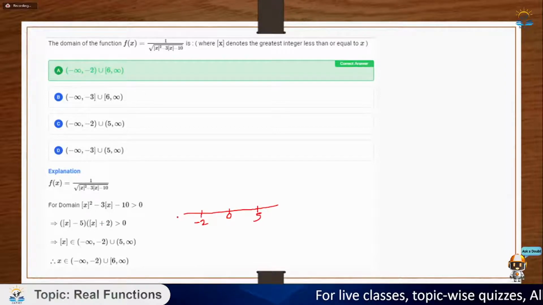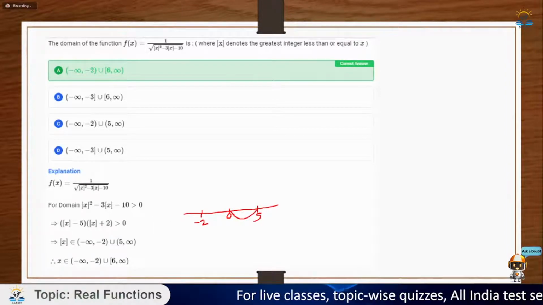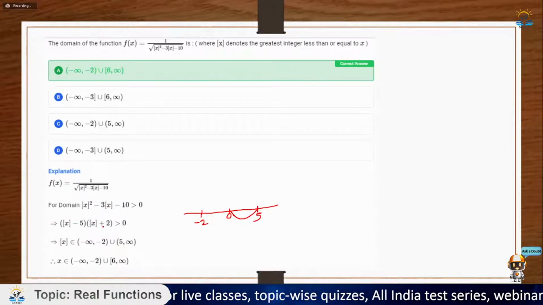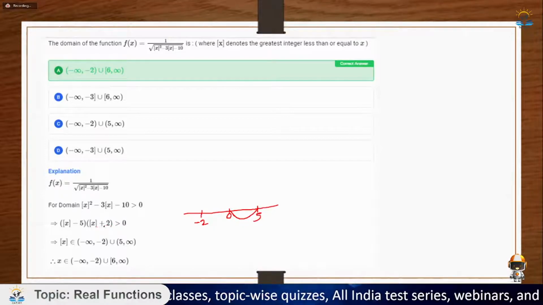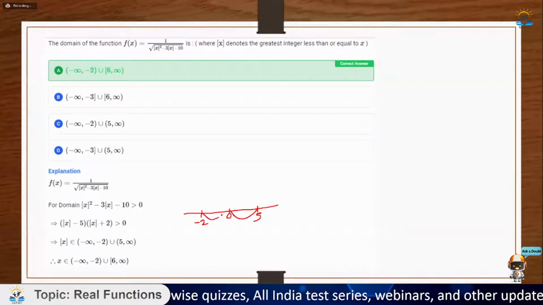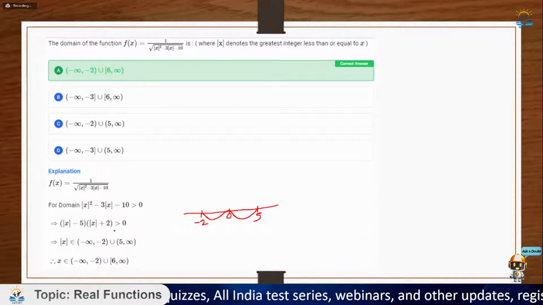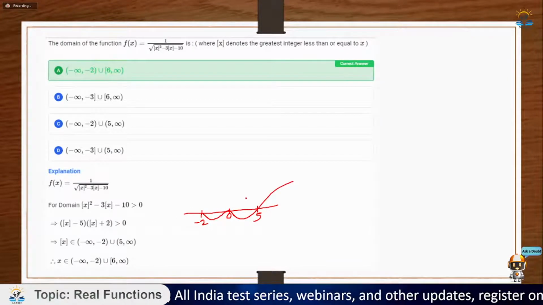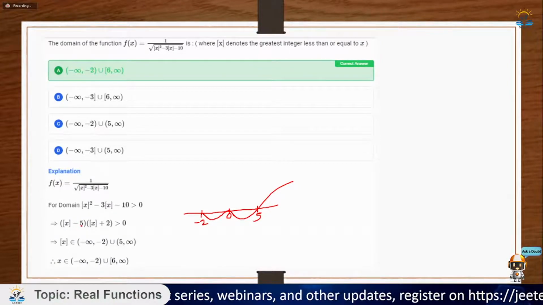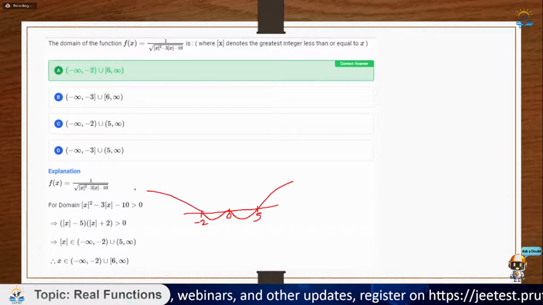So entirely I will be getting negative. So in this region, I am in the negative region. And from 0 to minus 2, let's say I take minus 1. So this thing will be negative, and this thing will be positive only. Why? Because 2 minus 1 is positive. So here also I am getting negative. Okay. Beyond 5, let's say 6, both are positive, so it will be positive. And beyond minus 2, let's say minus 7, this is negative and this is also negative. So basically I'm getting positive.